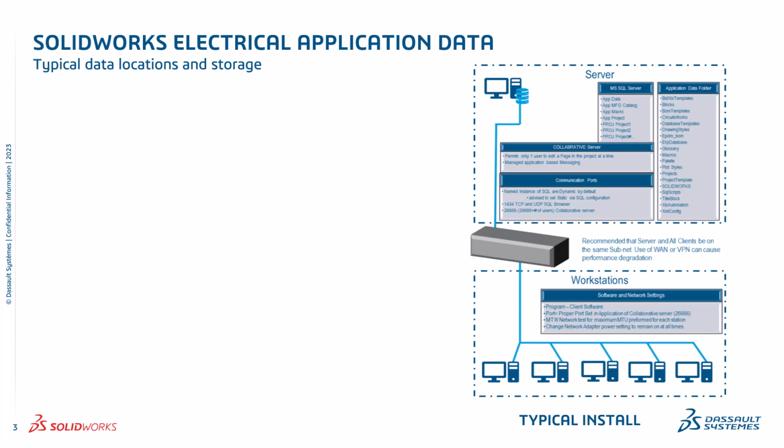That is like the traffic cop, it manages who has what drawings open within the project, also controls the messaging within the project, all that type of stuff. And then typically on the workstations, you have the client installed, which allows you to actually design your schematics and your 2D layouts, and also your 3D electrical add-in for SOLIDWORKS. It's all within that workstation.